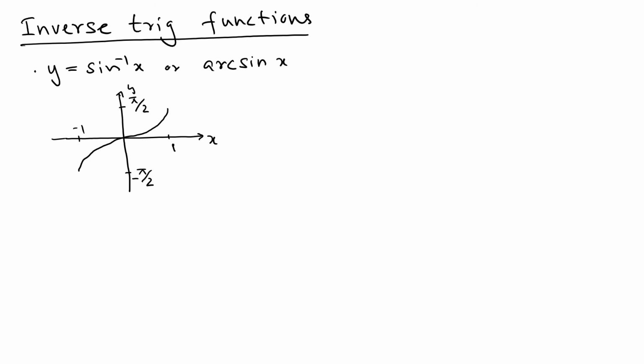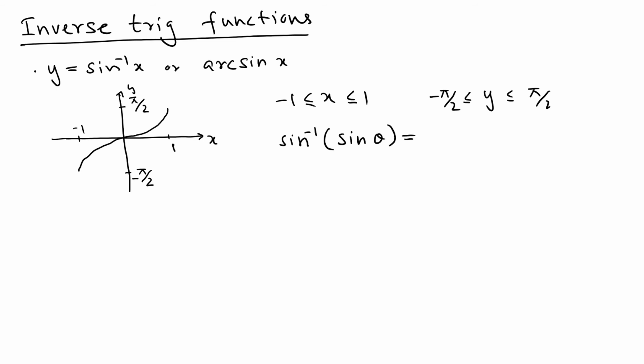Here it's very clear that the x values have to be between -1 and 1, and the y value has to be between negative pi over 2 and positive pi over 2. And then we have these cancellation properties. We have sine inverse of sine theta equals theta if theta is between negative pi over 2 and pi over 2.